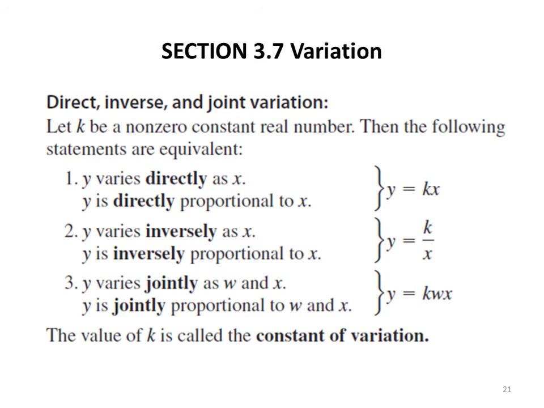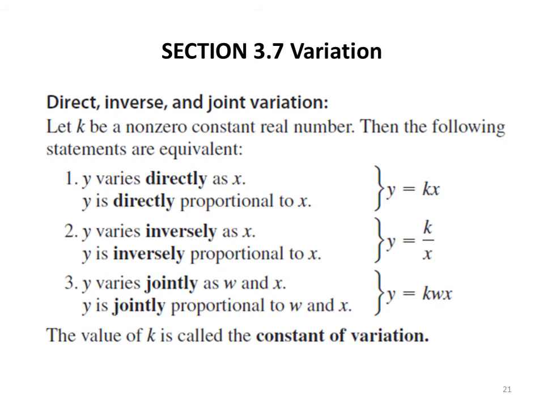y equal k times x. This is direct variation. Y varies directly with x, or y is directly proportional to x, if you can write y as k times x. Y varies inversely as x, or y is inversely proportional to x, if you can write y as k divided by x.